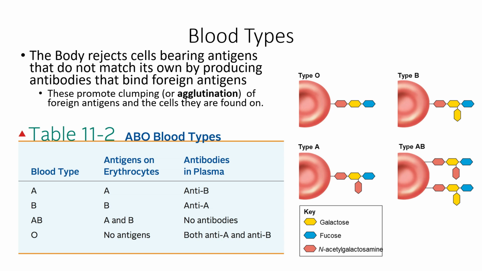These can promote clumping or agglutination of the foreign antigens and the cells that they're found on. So the antibodies will promote agglutination, aka clumping, of the foreign glycolipids and the cells that they're found on.